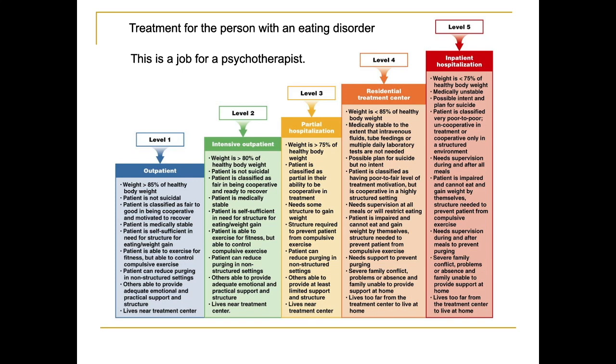And you might be incredibly uncooperative, in the sense that you have experienced an intervention where some people expressed concern and you told them to take a hike, and they might take steps to make sure that you get admitted to the hospital so that you can get the supervision that you need in order to gain weight in a healthy manner and lead you away from the path of purging.